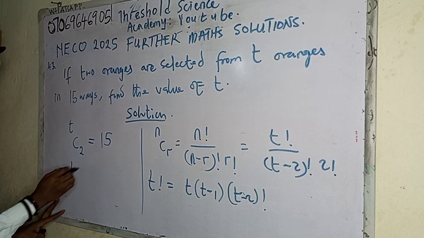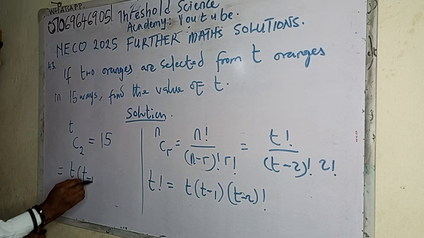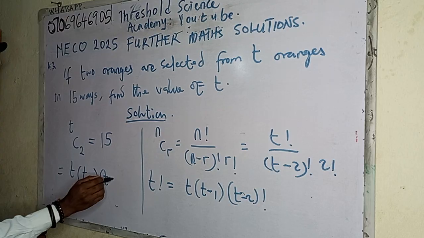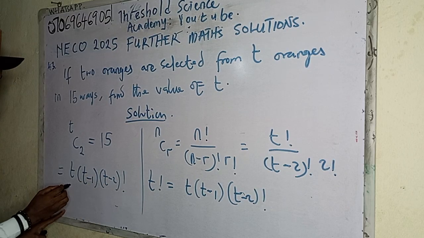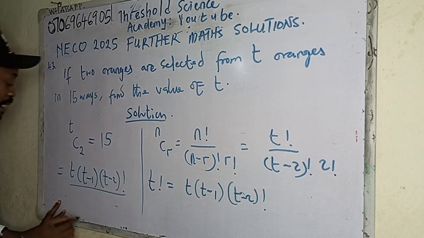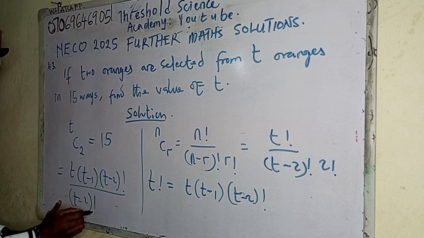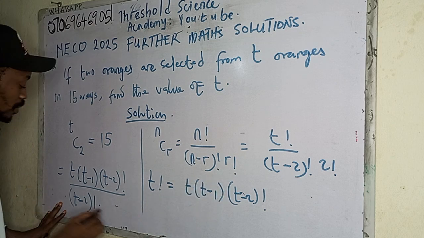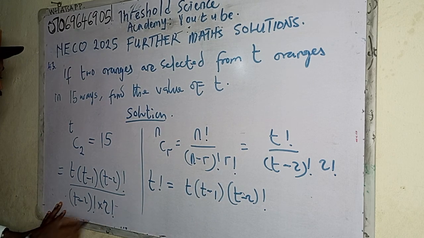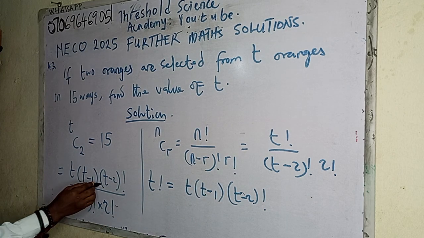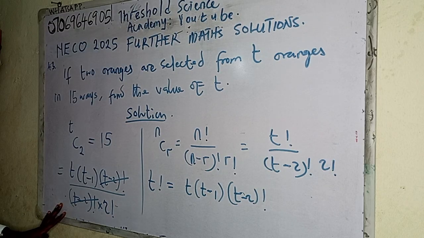So this is going to become t multiplied by t minus 1 multiplied by t minus 2 factorial all over t minus 2 factorial times r factorial, which is just 2 factorial. So I'm going to leave it like that. Like I said, t minus 2 factorial will cancel out t minus 2 factorial.